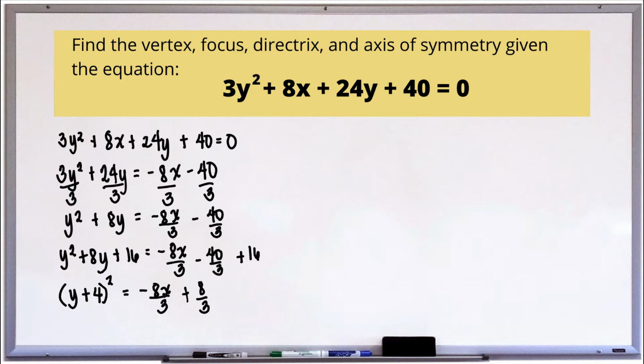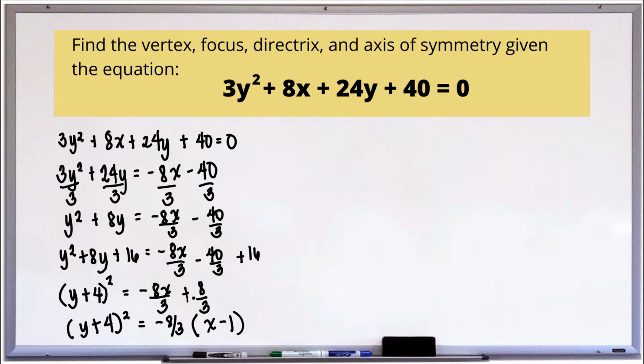Factoring -8/3 on this side of the equation will give us the standard form y plus 4 squared equals -8/3 times x minus 1.